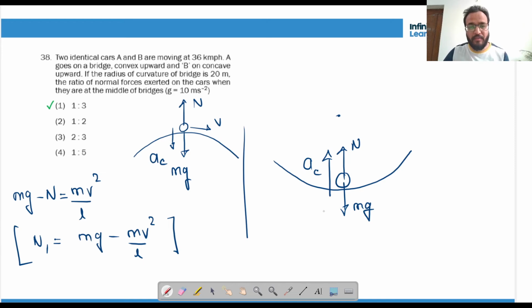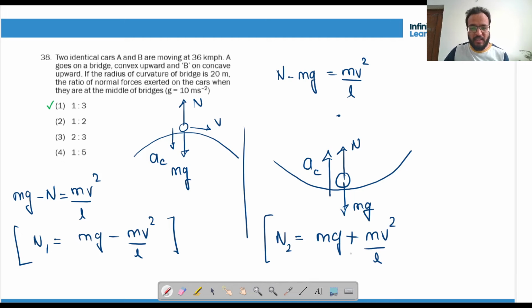So here the equation will be N minus mg is equal to mv square by L. So N2 will be mg plus mv square by L. Now I guess they have given you all the values here. Don't forget to convert this 36 km per hour. It will be 10 meter per second. How to convert? We all know that 1 kilometer per hour is 5 by 18 meter per second. Got it? So you can put the values and get the answer. Your answer will come out to be 1:3.